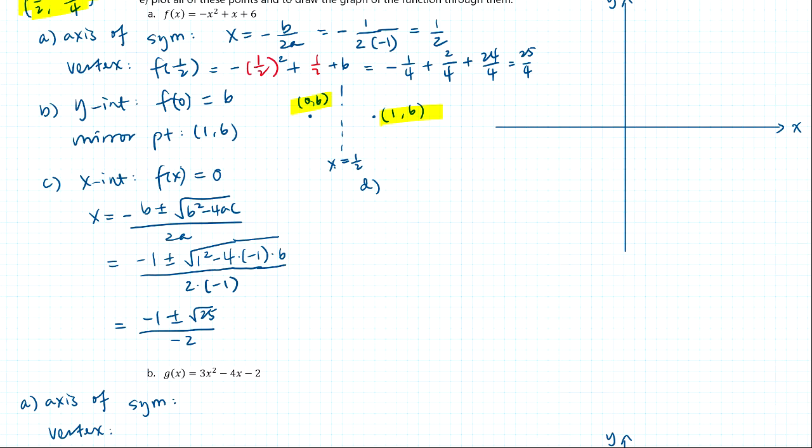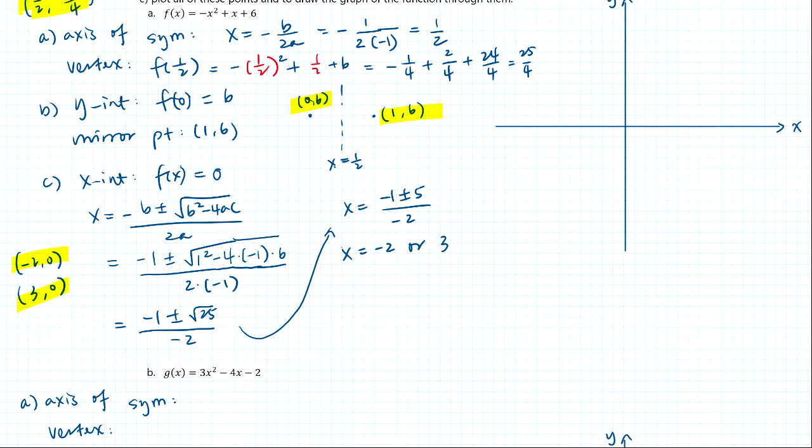X is equal to over negative 2 will be positive 3. And I'm going to highlight that for our points.